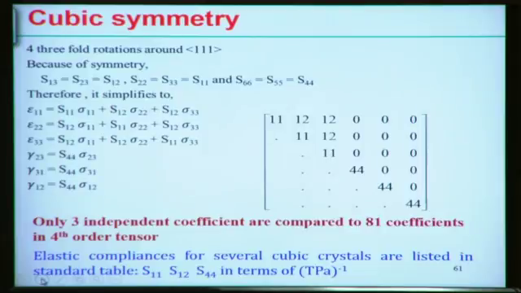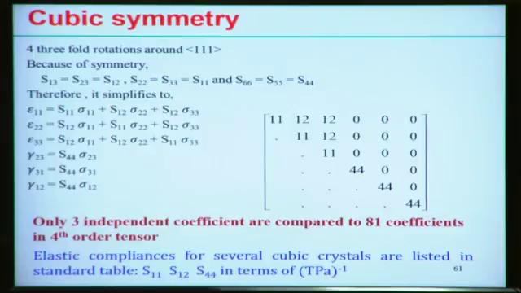Now we shift to the cubic symmetry structure. As already mentioned, cubic symmetry has 4 3-fold rotations around 1 1 1, which represents the body diagonal. If you look into that symmetry, we find that in terms of compliances, S13 equals S23 equals S12, similarly S22 equals S33 equals S11, and S66, S55 and S44 are all equal.